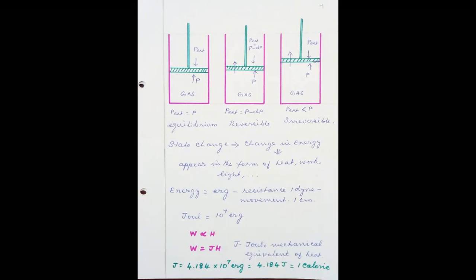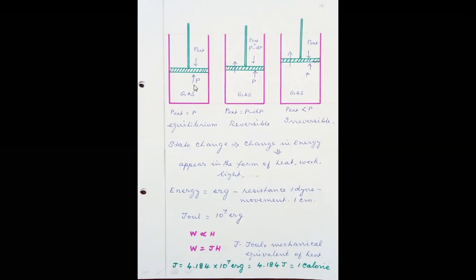Let me say it is an ideal gas. Inside the piston, the gas is found. Any gas has a particular pressure. Actually, this pressure is the manifestation of the collision of gaseous molecules on the walls of the container. That is what is actually happening.